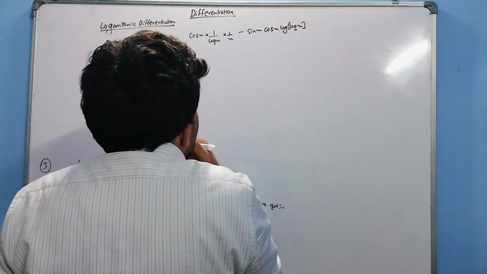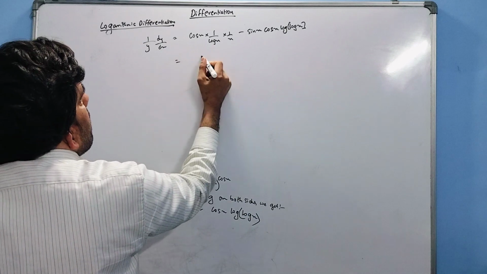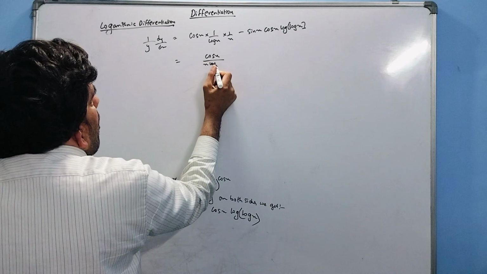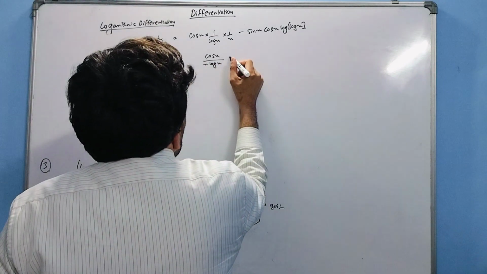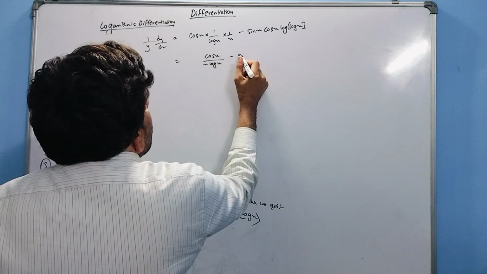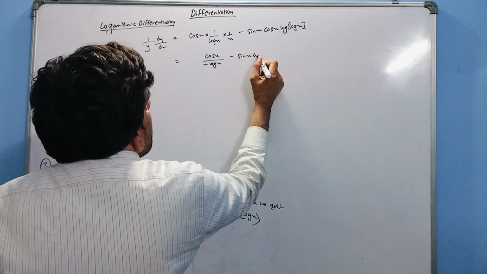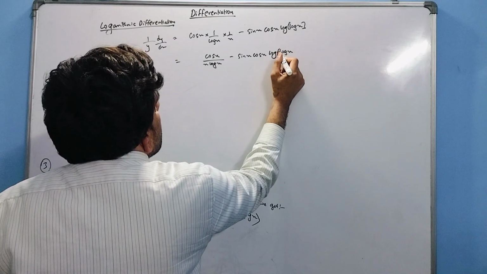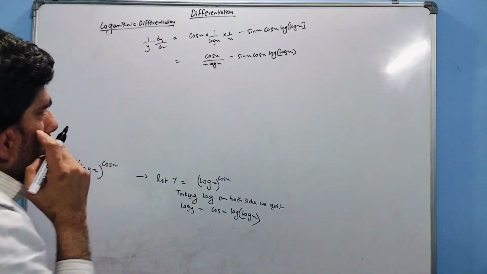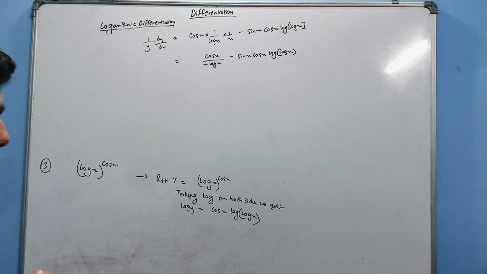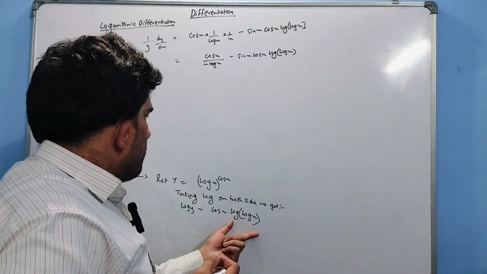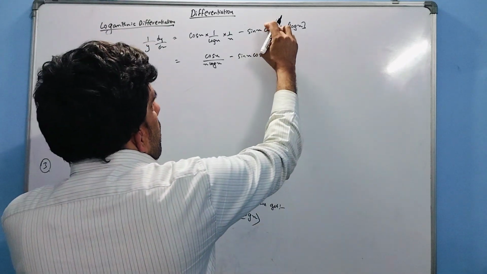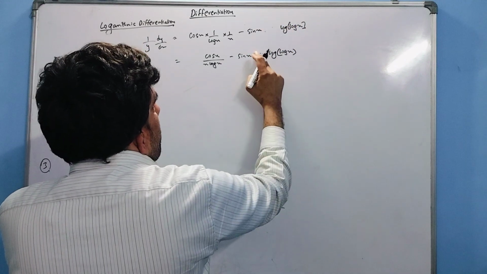Now what is left is cos x upon x log x. Now we have minus sin x log of log x. We have first differentiated this, then leaving this we have differentiated this.